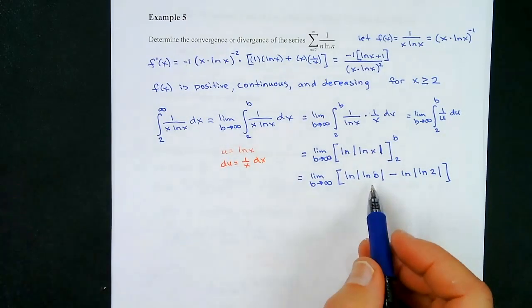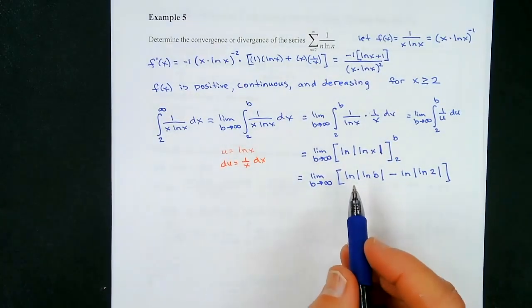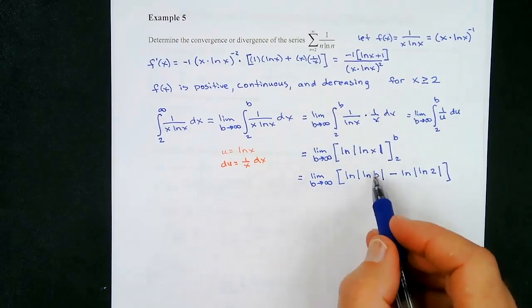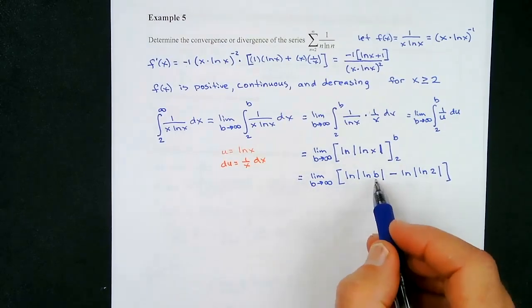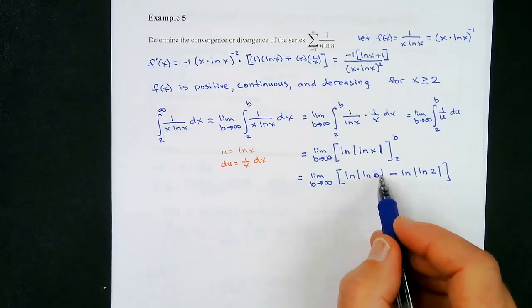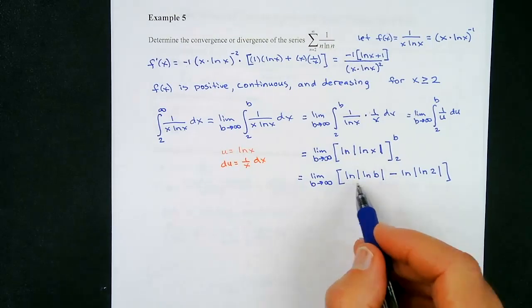Let's talk about what's going on, because this is going to be a little tricky. b is going to infinity. As your inputs get bigger and bigger, ln gets bigger and bigger, which becomes an input for this next ln, which gets bigger and bigger.